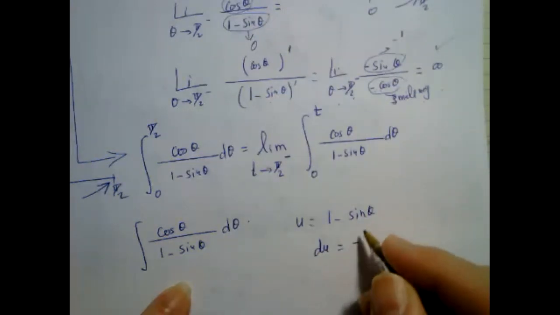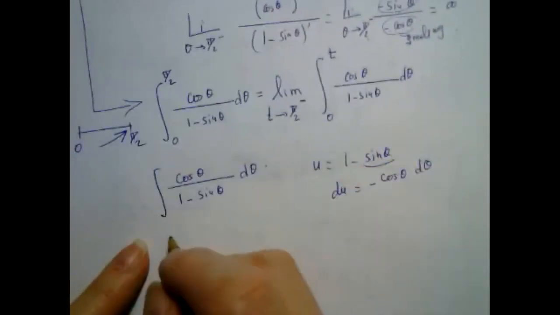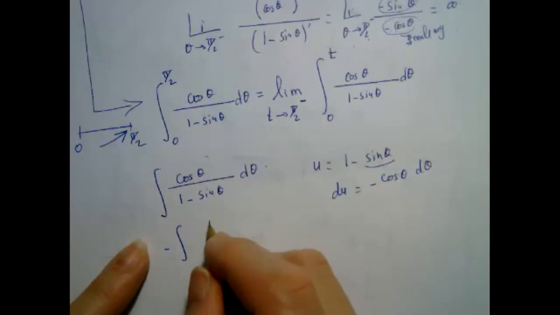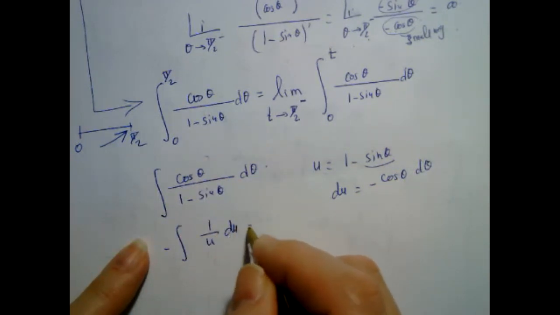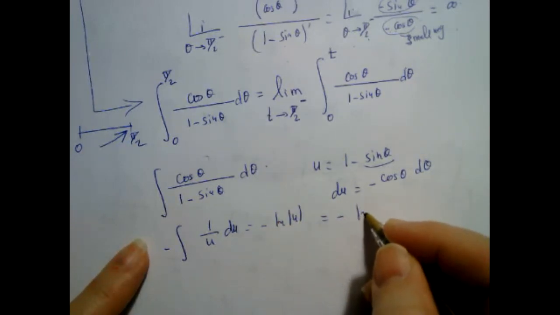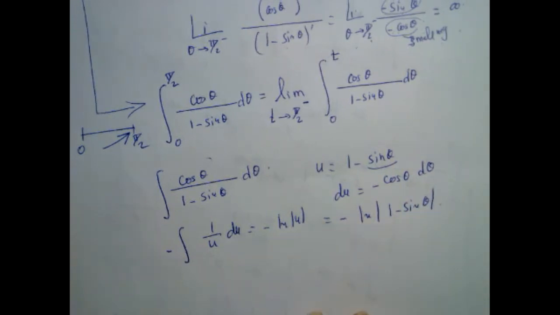Then quickly, the du is the derivative of sine. So this is going to give me the integral of cosine theta d theta, so 1 over u du, minus ln of u, minus ln of 1 minus sine theta. So I need a minute and then I'm done.